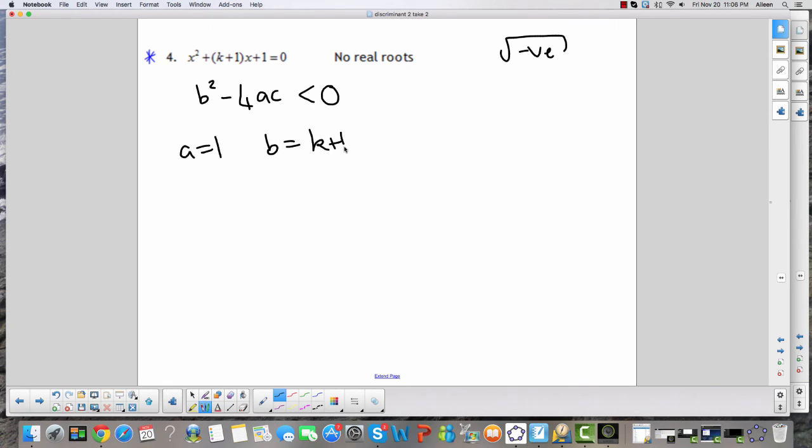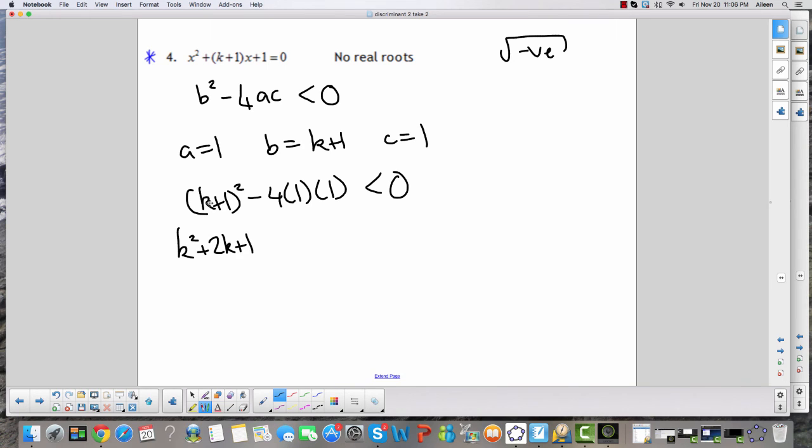And substituting in, b squared minus 4ac is less than 0. Let's multiply out those brackets. k plus 1 multiplied by k plus 1 gives us a trinomial. And so here we have k squared plus 2k minus 3 is less than 0.